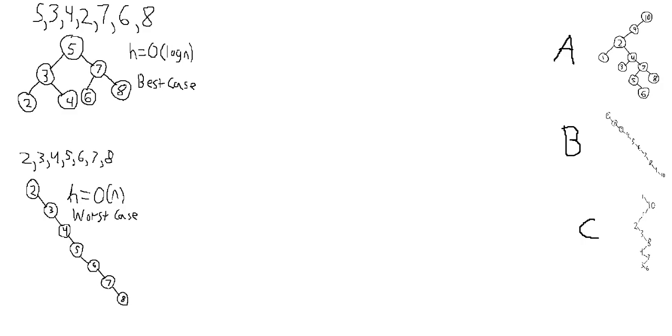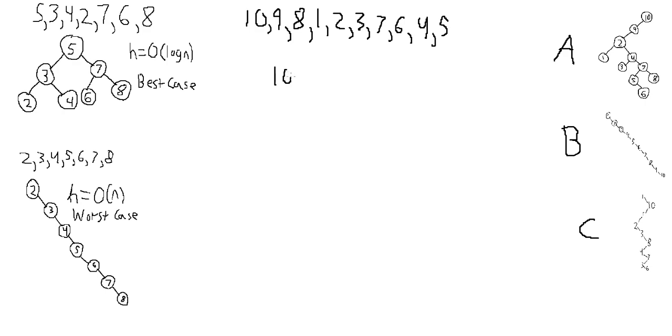Next we have answer D. 10, 9, 8, 1, 2, 3, 7, 6, 4, and 5. We start with our 10. 9 gets inserted to the left. 8 gets inserted to the left. 1 is greater than 8.